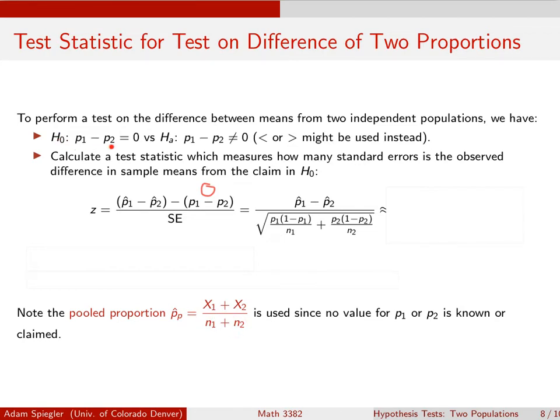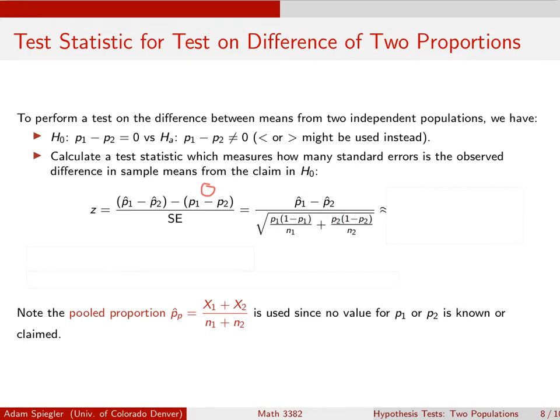If the assumption is that these two proportions are equal to each other, then there's not really any difference in these two groups. So let's just pool them together and approximate what these individual proportions are with the pooled proportion.